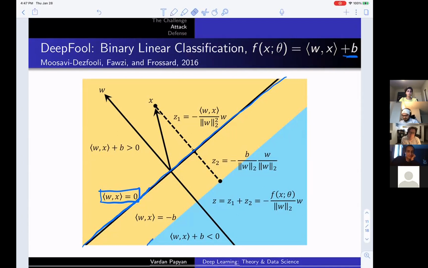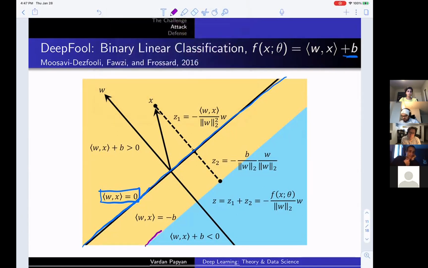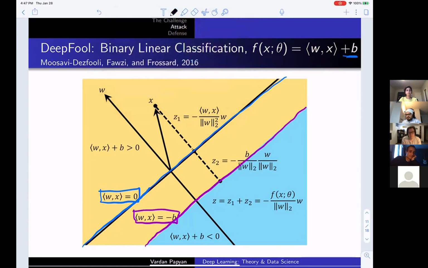I'll use a different color, purple. It's this line, right? This line is Wx equal to minus b. Now, your classifier is going to classify things as being positive if Wx plus b is positive and negative if Wx plus b is negative, right? So the separating hyperplane in this case is the purple line.